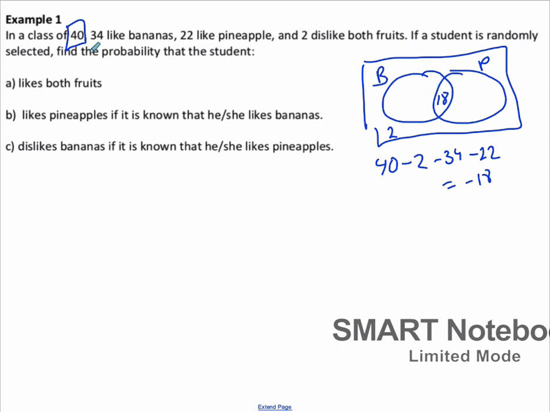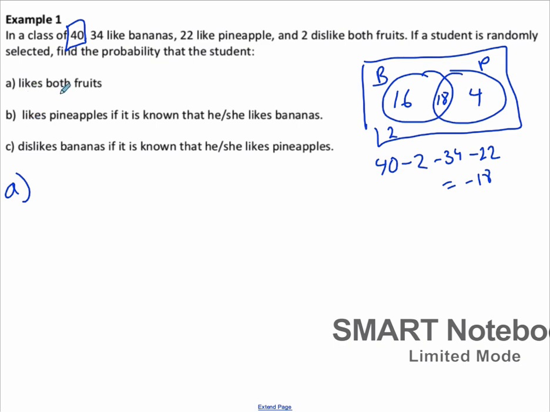So that means that there's 34 that like banana. There's got to be 16 right here, because 16 plus 18 is 34. 22 like pineapple, and then we have 4 here. You can double check now, and all these numbers add up to 40. These add up to 34, these add up to 22. So it all works out.